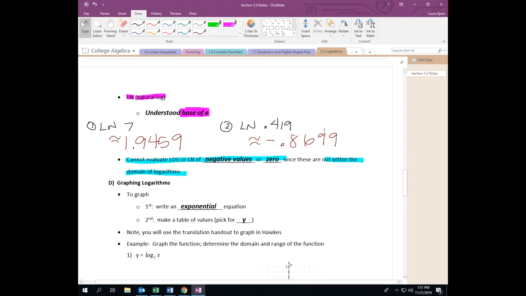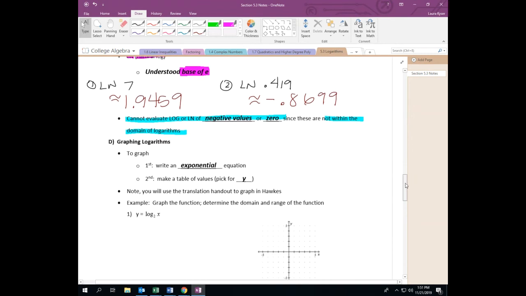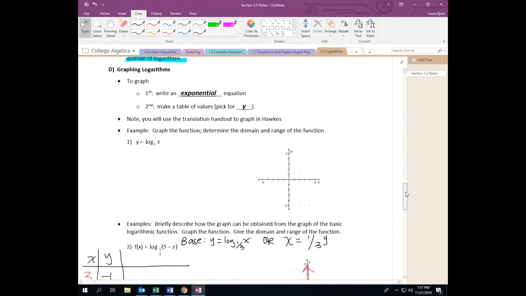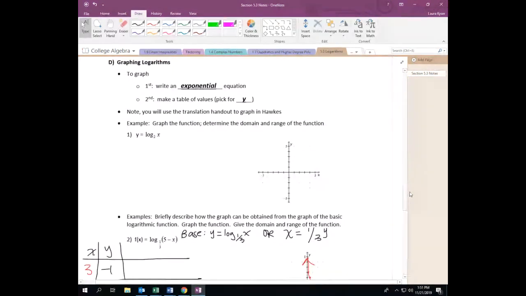Now we're going to get into some graphing. Okay, so for graphing, if we're graphing by hand, we're going to be using a table.